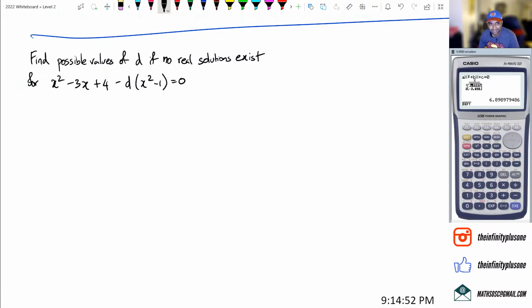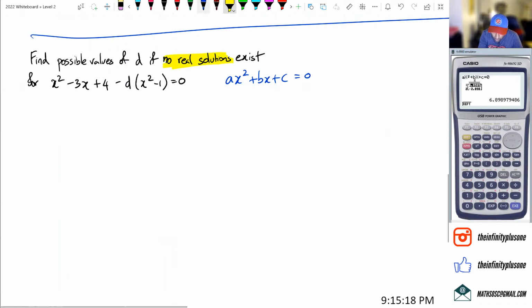So guys, for this question, what you want to do is expand the brackets and then rewrite it as ax squared plus bx plus c equals 0. Have a go at this. I think anybody can do this. Also remember that we're looking for values of D so that there are no real solutions.